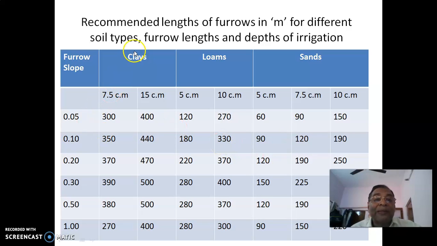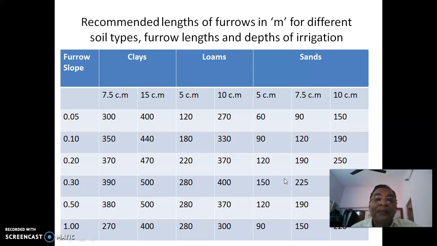So let us take the clays, then loams, and then sands. The clay furrow lengths are maximum, whereas sand furrow lengths are minimum. That means more percolation is there in the sands, which is why furrow lengths are a minimum.